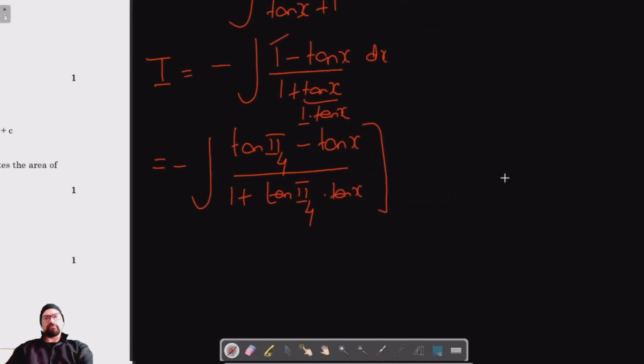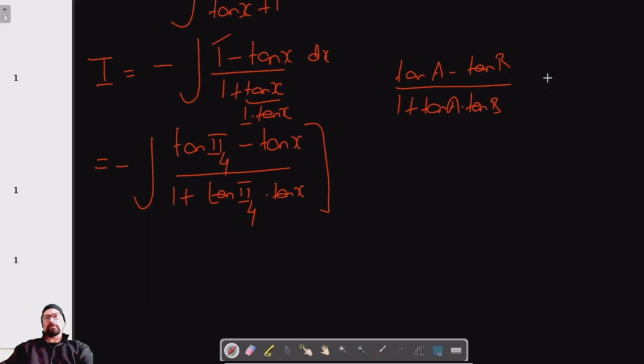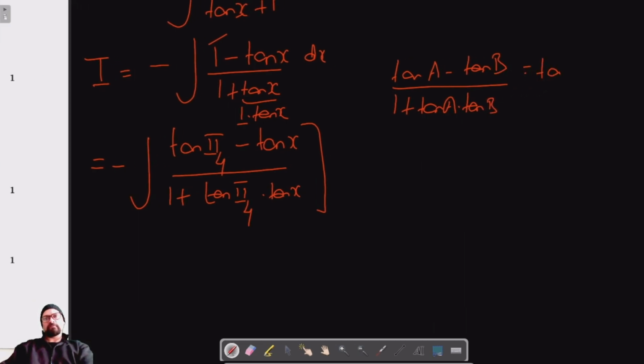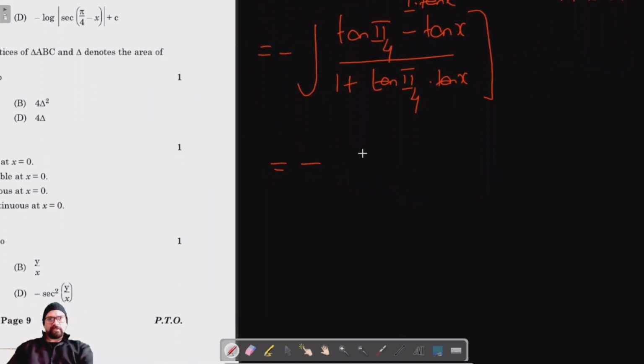Now this formula is tan A minus tan B upon 1 plus tan A into tan B, which is equal to tan of A minus B. So this is now integration of tan of pi by 4 minus x, dx.